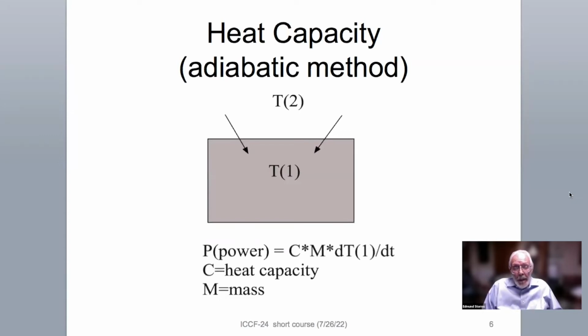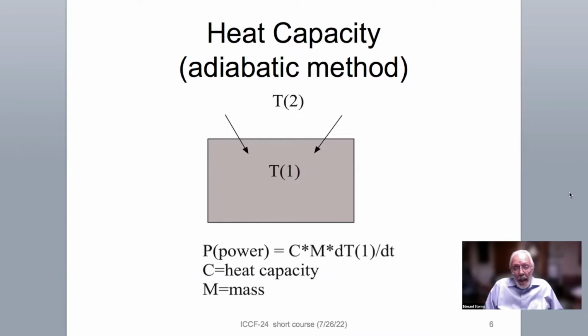The heat capacity of the apparatus itself can be used. This is particularly useful if the source of heat is changing with time. The other two methods prefer the temperatures to have achieved a constant value before the values are calculated. But if the source of energy is changing with time, another technique is required, and that's described here as the adiabatic method.